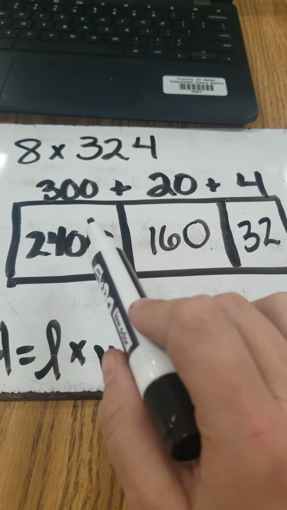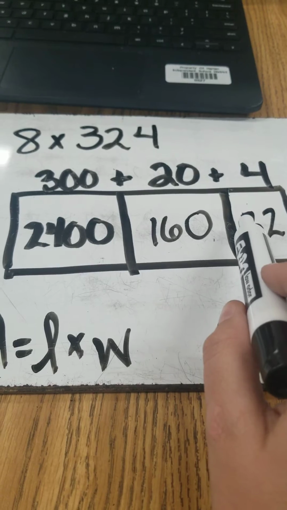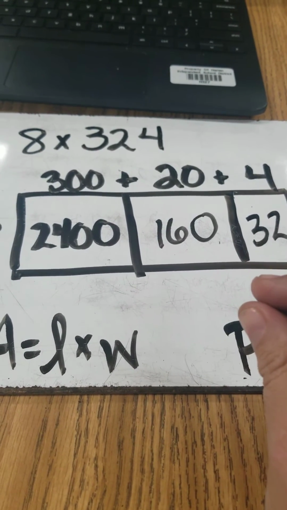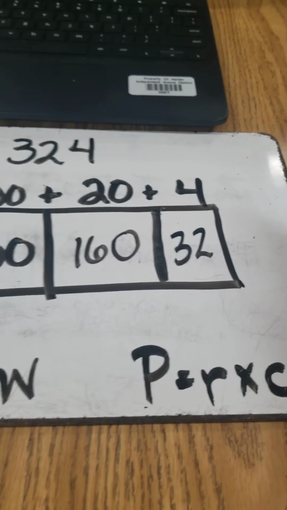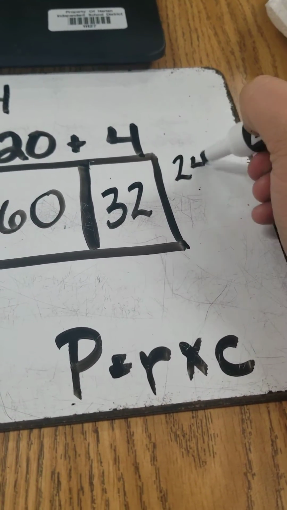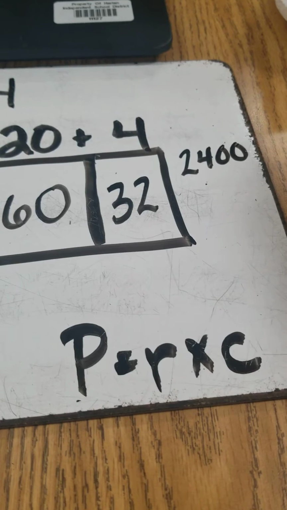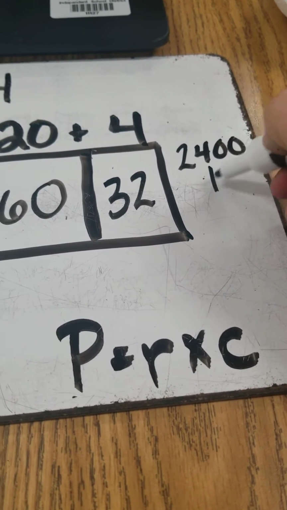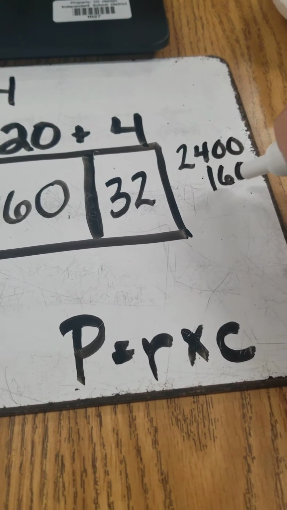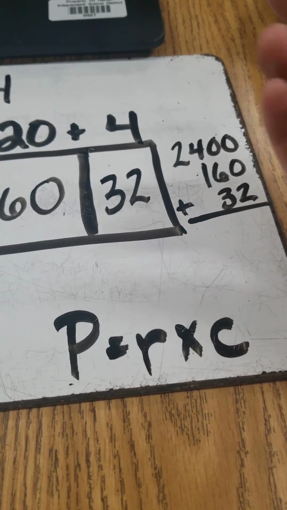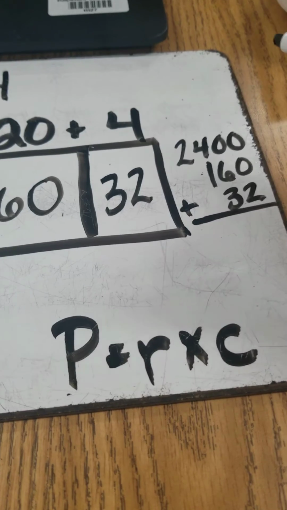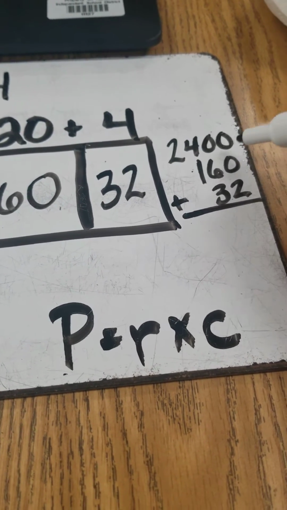So I now have to take my partial products and put them together with addition so that I can get my product. So over to the side, I take my partial products of 2,400, 160, and 32, and I'm going to add them because I have to put those together in order to get the product of 8 times 324.